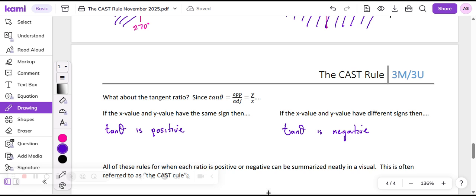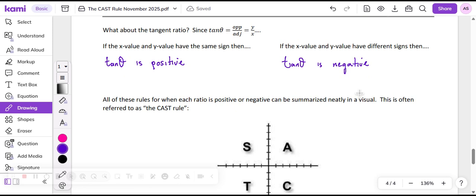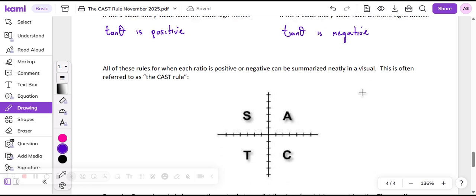This is the culmination of everything you guys have investigated today. Something called the CAST rule. A nice, easy visual that everybody can redraw on any quiz or test or anything. You draw the 4 quadrants and write down the letters of the word CAST, starting in the bottom right and going this way. So what do these letters represent in the CAST rule?